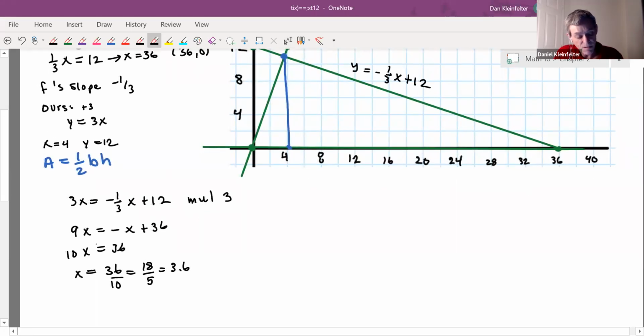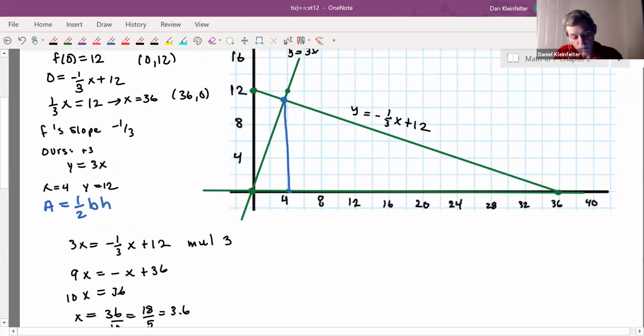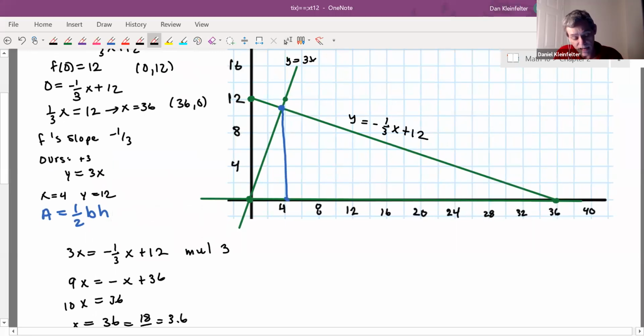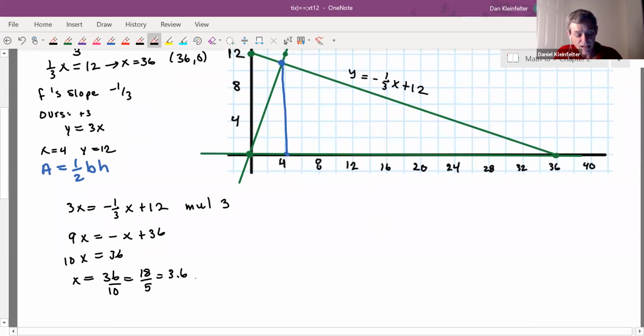So the easiest way to get that is to remember that that point is on the line y equals 3x. And if we figured out that the x coordinate is 18/5, then the y coordinate will be 3 times 18/5, and that is 54/5. Again, if you like decimals, that's going to be 10.8.